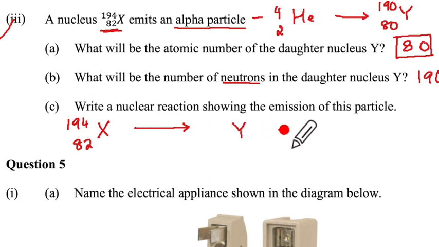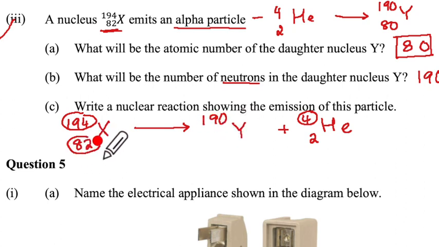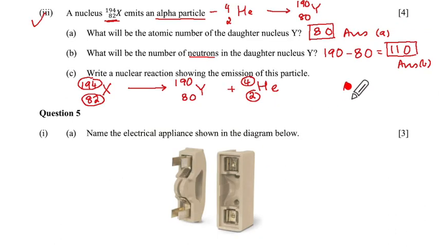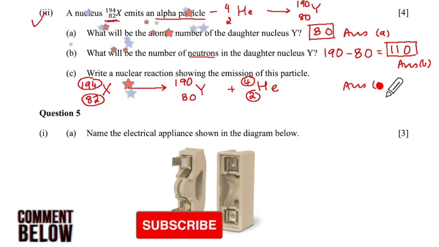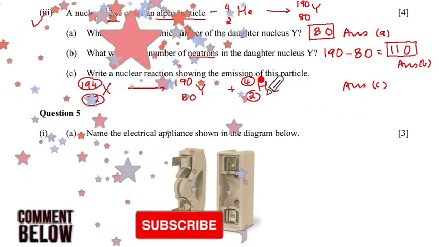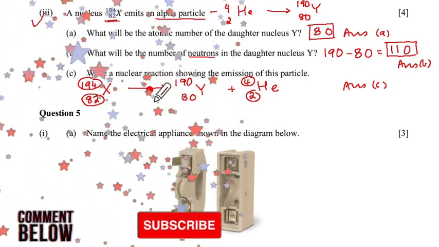It's going to become a Y, plus it will give out helium, which is mass number 4, atomic number 2, and so your Y will have the mass number 194 minus 4, which is 190, and atomic number will be 82 minus 2, that will be 80. So this becomes our answer C. You don't have to circle these numbers, you can just write the numbers by themselves.